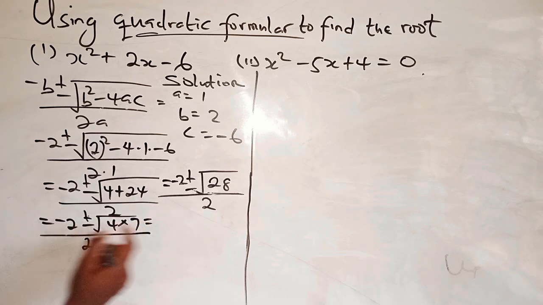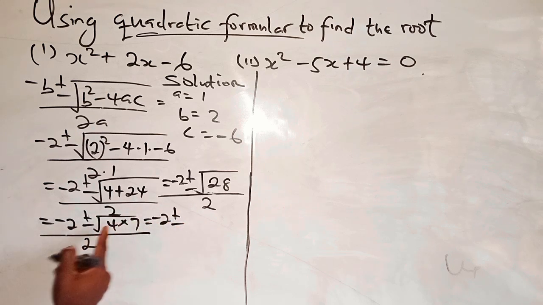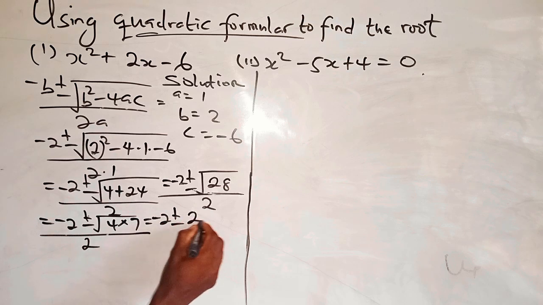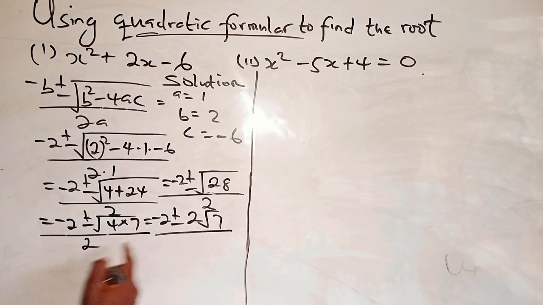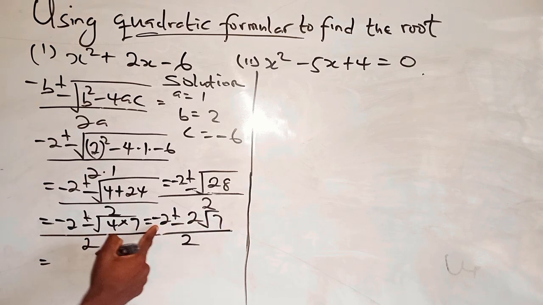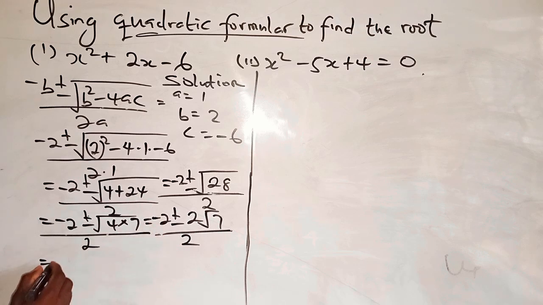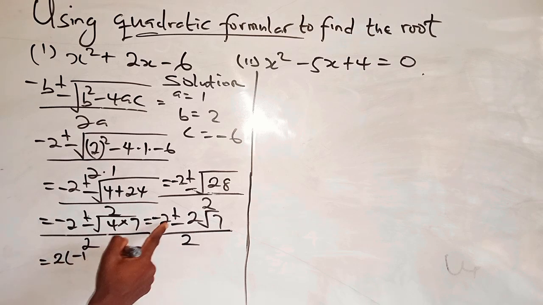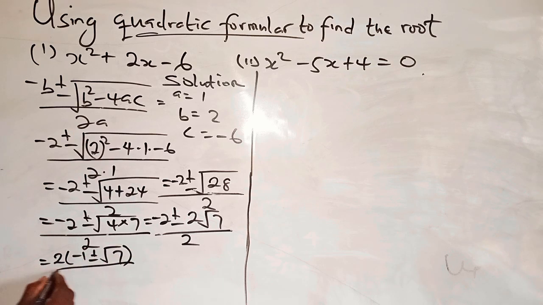Here I have minus 2 plus or minus, the square root of 4 is 2, that is 2 root 7, divided by 2. But when you look at the numerator, you can still factor out 2, a common number, so you have 2 into minus 1 plus or minus the square root of 7, all over 2.